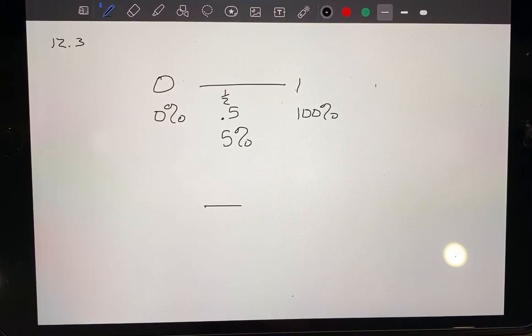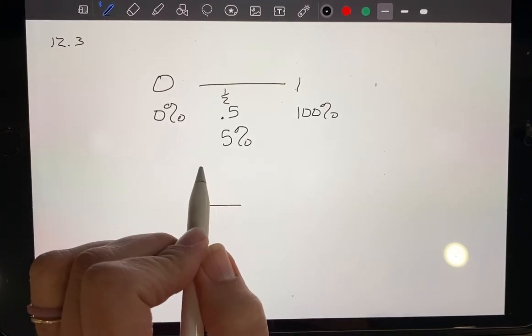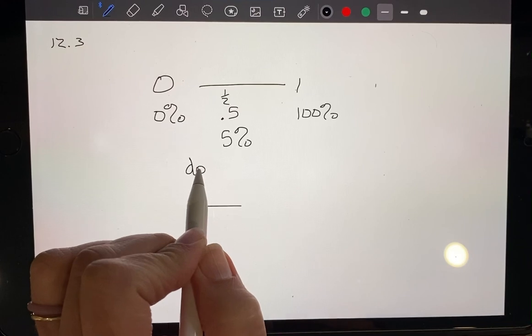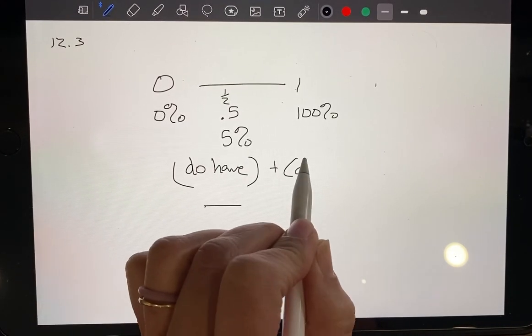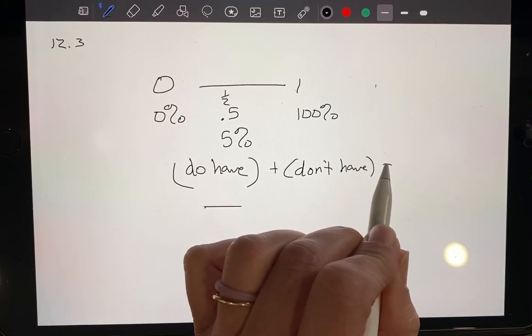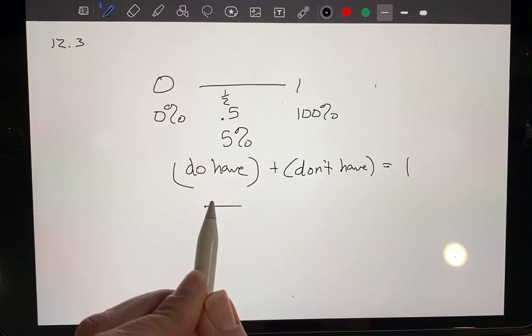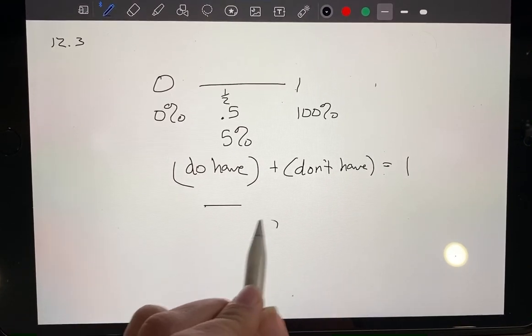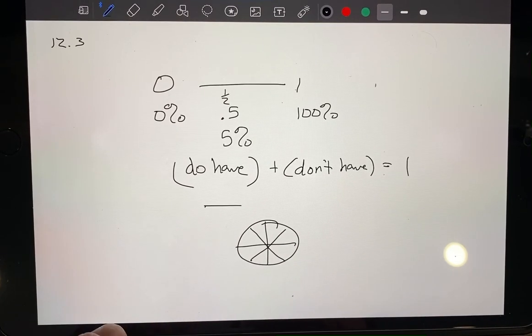The thing that we do know, since probability works from 0 to 1, is that whatever we do have plus whatever we don't have will always add up to be 100%. So if I do, say we're looking at a pizza and it's divided up into 8 slices here.